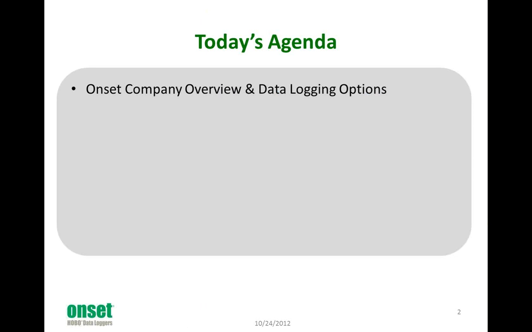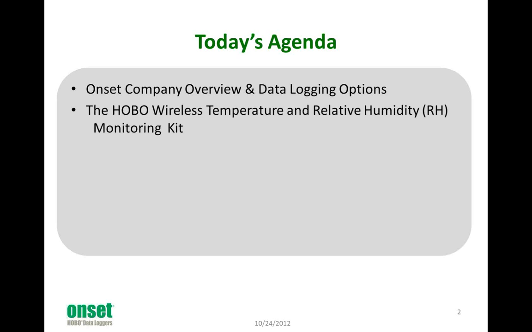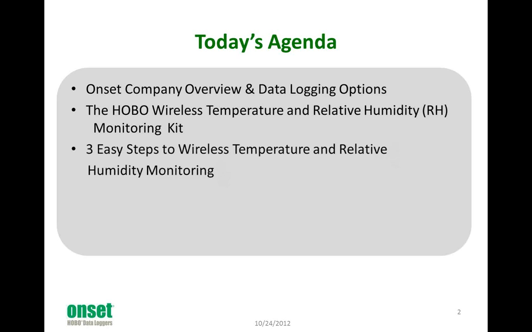So let's take a look at today's agenda. I plan on giving you a brief overview of Onset and the data logging options that Onset has to offer. We'll then dive into the HOBO Wireless Temperature and Relative Humidity Monitoring Kit. Throughout the webinar, I might refer to it as relative humidity, humidity, or RH, all interchangeable for this purpose.